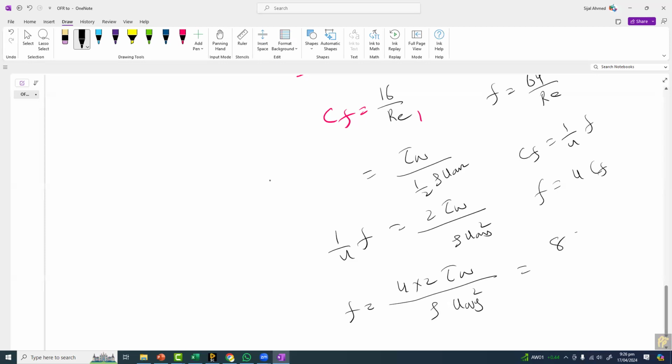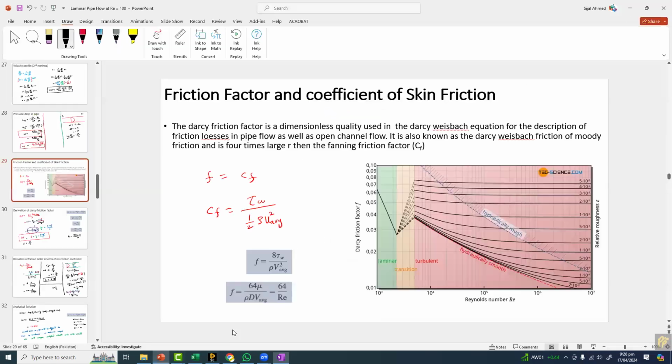This becomes 8 wall shear stress divided by density into average velocity square. So this formula is coming in this way.